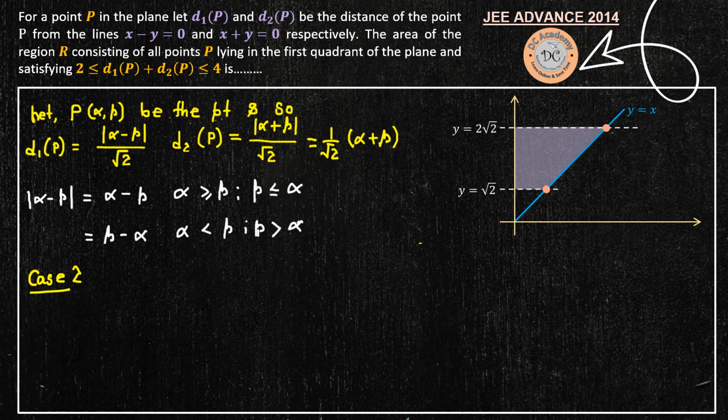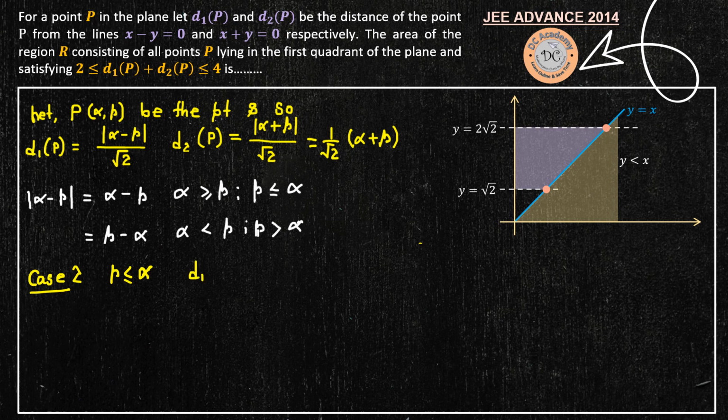In case 2, we have to consider the other region where y is less than x. Here, y less than x means beta is less than alpha. In this region, mod of alpha minus beta is equal to alpha minus beta.